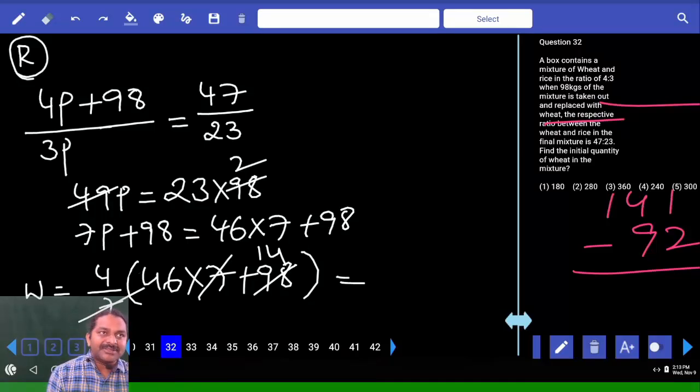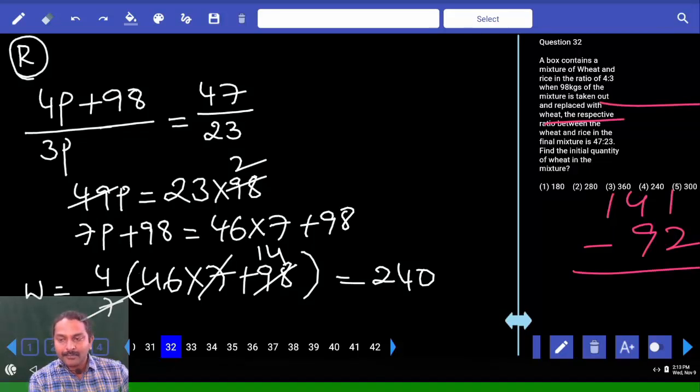So inside the bracket how much is left? 60. 4 times 60 is 240. Understood? This is the traditional way.